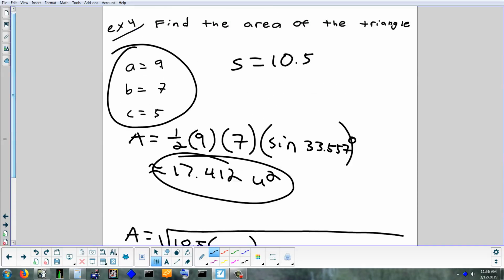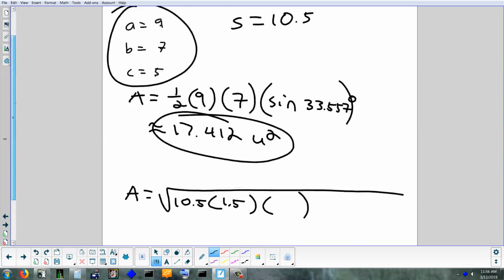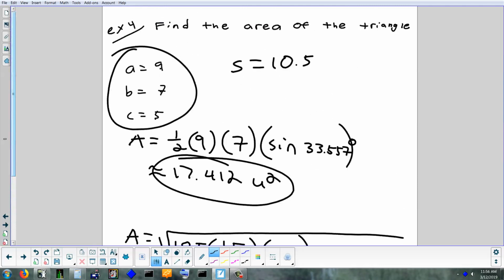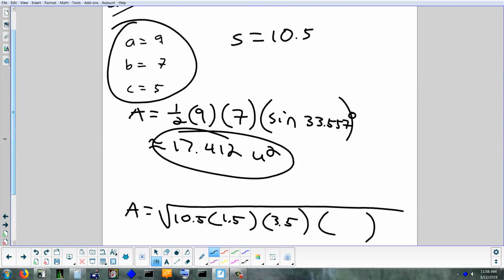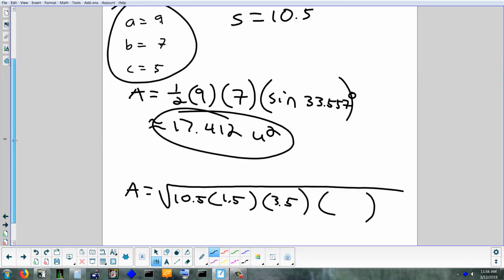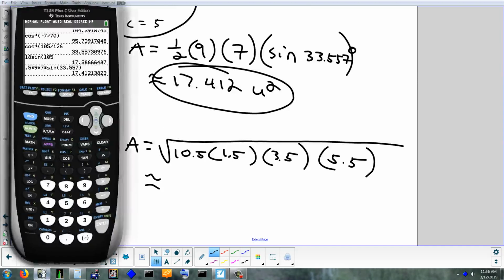What's 10.5 minus 9? 1.5. 10.5 minus 7? 3.5. 10.5 minus 5? 5.5. And now type it in. And hopefully we get 17.412.